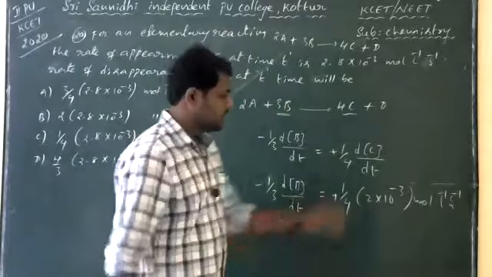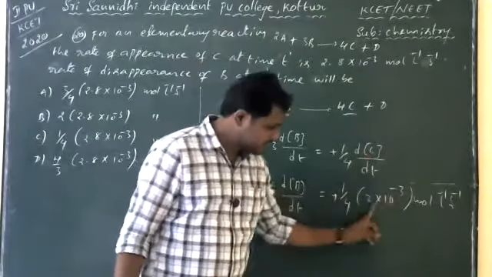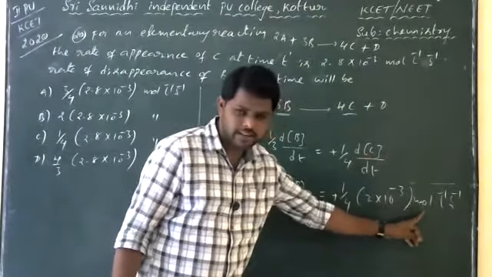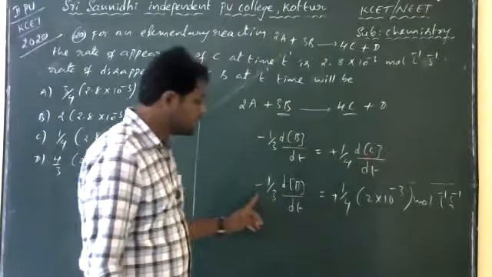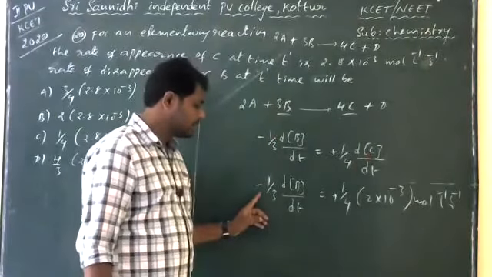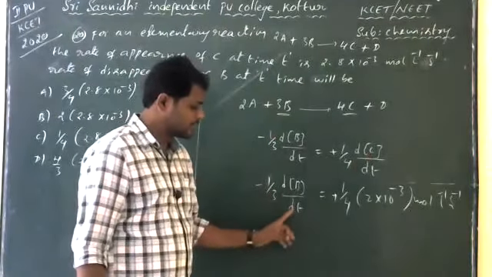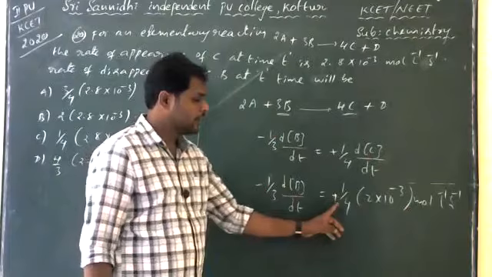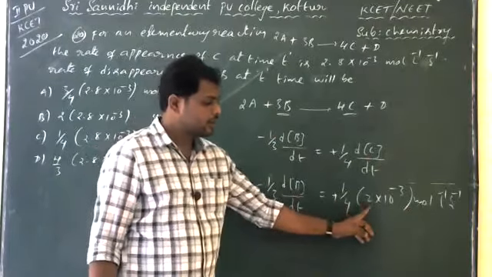The rate of appearance of C is given as 2 into 10 power minus 3 mole per liter per second. Then this must also equal minus 1 by 3 d concentration of B divided by dt, which is equal to plus 1 by 4 into 2 into 10 power minus 3.